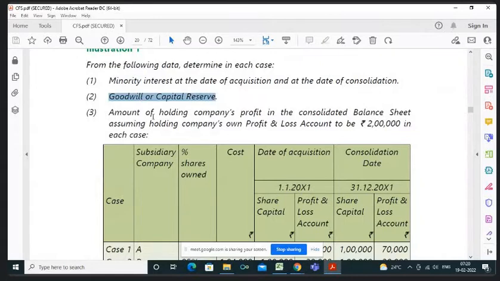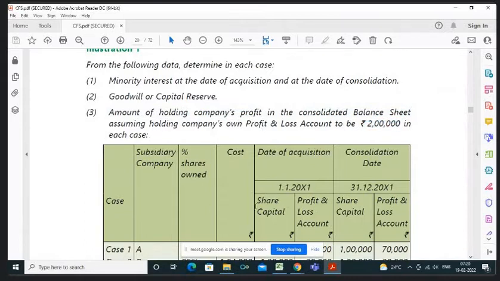When will we calculate the goodwill or capital reserve? Only at the time of acquisition, not at the time of consolidation. And again, the amount of holding company's profit in the consolidated balance sheet, assuming holding company's own profit and loss account to be 2 lakh in each case.